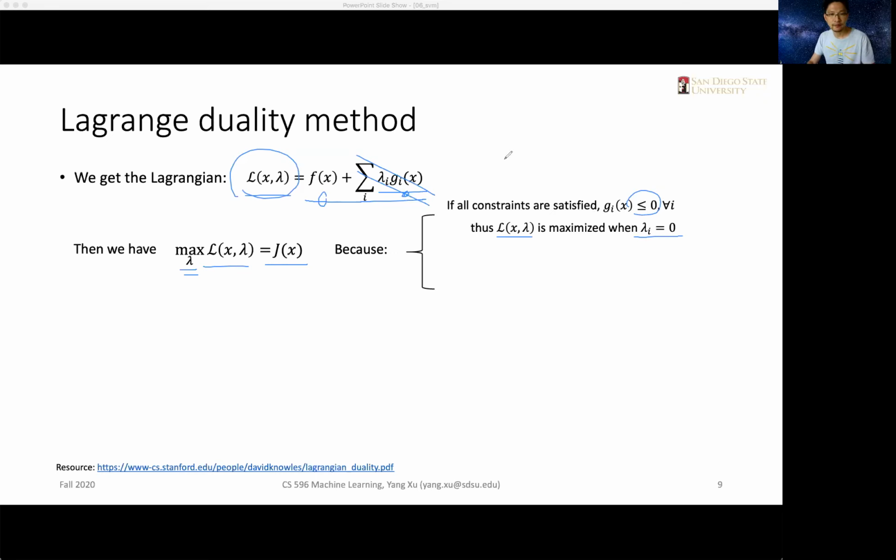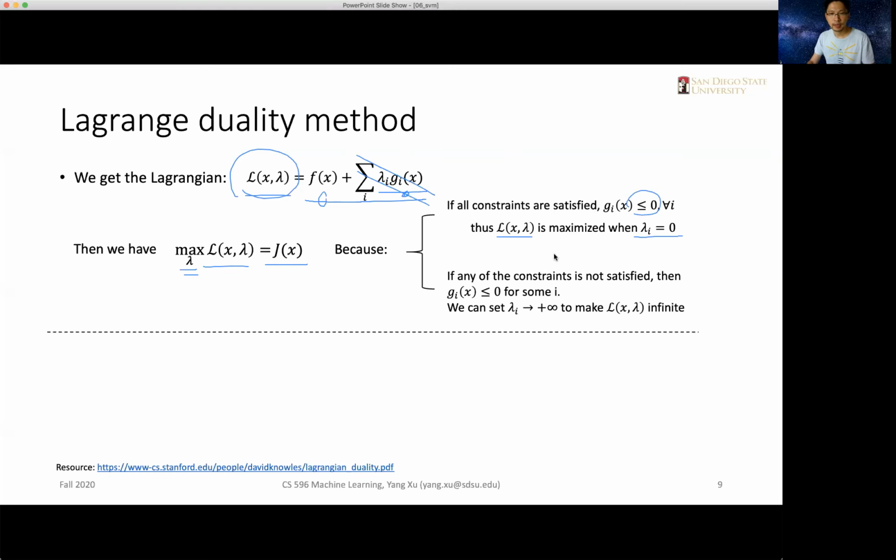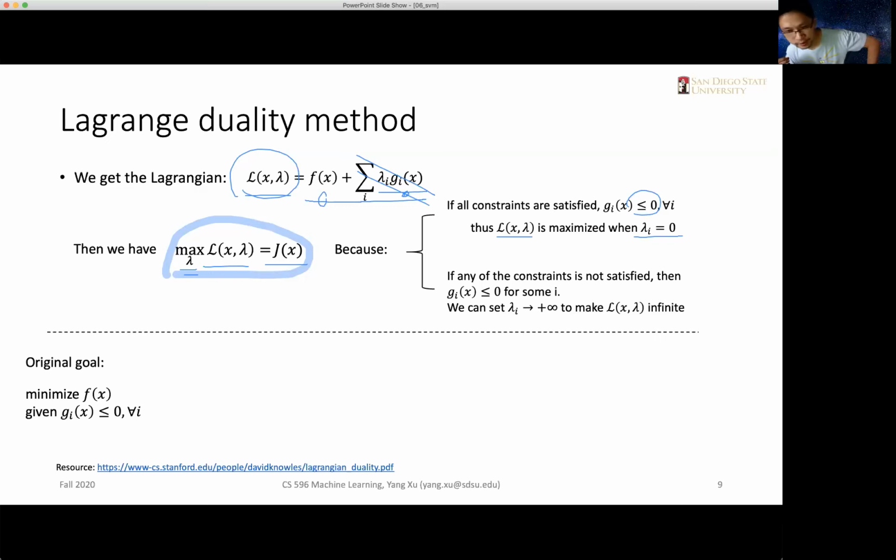And if any of the constraints is not satisfied, then we can set that lambda to be infinity, so that the Lagrangian also becomes infinity. So we can maximize the Lagrangian with respect to lambda to get the auxiliary function.